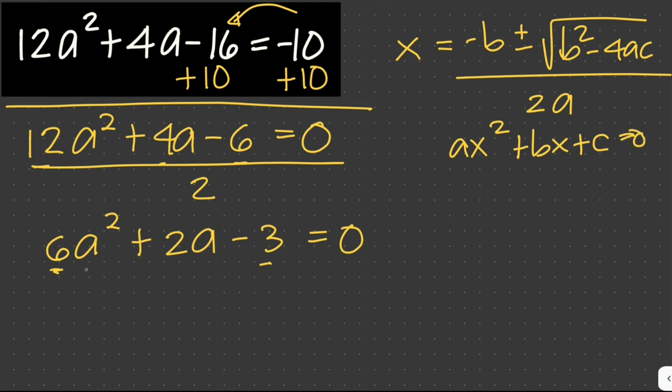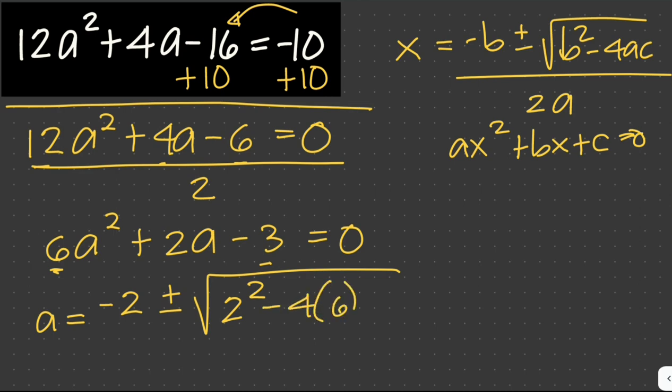In this case, our x here is a. So our a, b, c here are 6, 2, and negative 3. So let's solve this. Our a would be negative 2 plus or minus the square root of 2 squared minus 4 times 6 times negative 3, over 2 times 6.